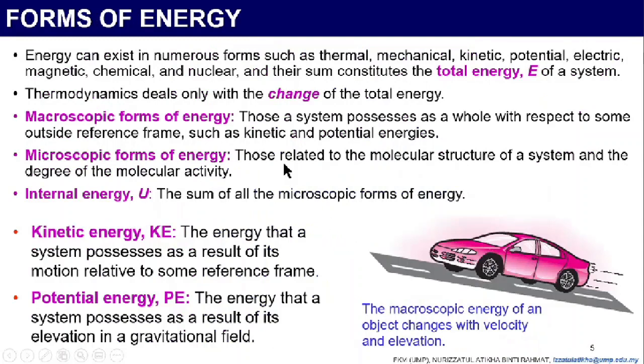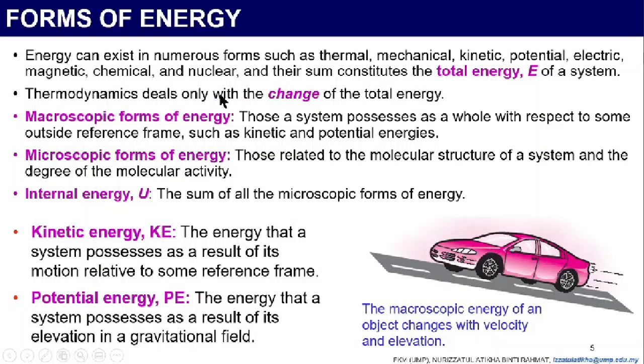Now, let's see some of the forms of energy. Energy can exist in numerous forms such as thermal, mechanical, kinetic, potential, electric, magnetic, chemical, and nuclear, and their sum constitutes the total energy E of a system. Thermodynamics deals only with the change of the total energy.